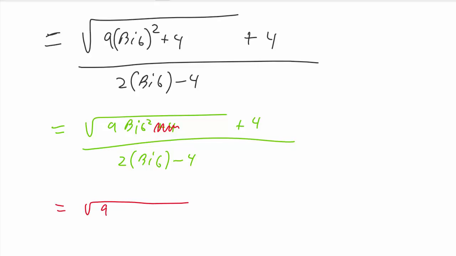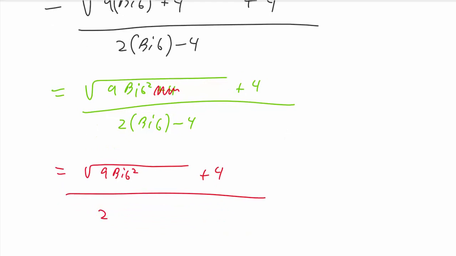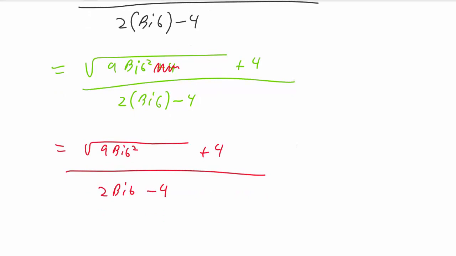Just because that's not under the square root and we can't play this game yet, that square root changes things for us. So down here, we're still going to have 2 big minus 4. Now, because we don't have adding or subtracting inside our square root any longer, we can simplify it. What is the square root of 9? 3. What's the square root of big squared?